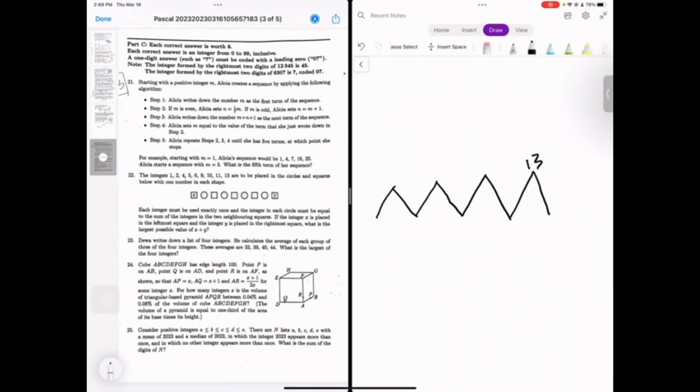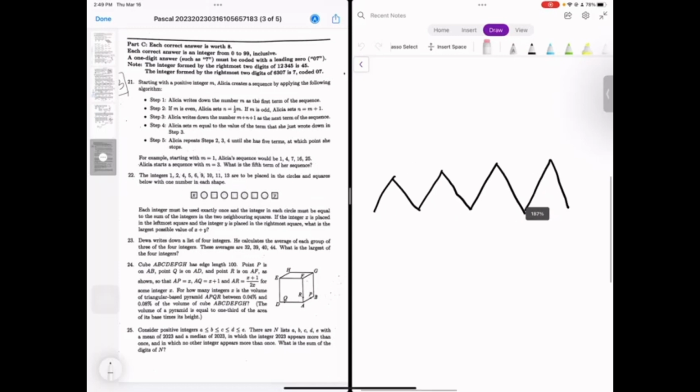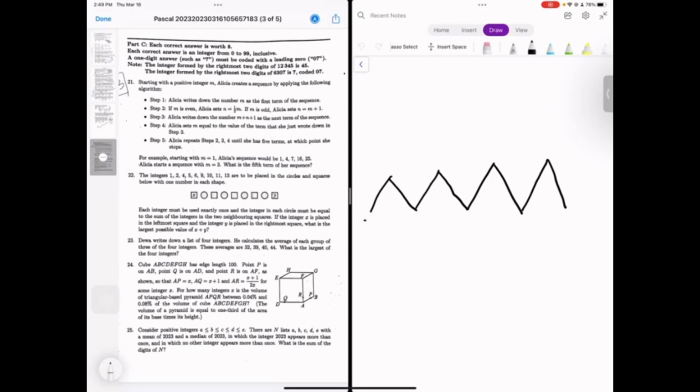Okay, so for question 22, we need to find the largest possible value for x and y. We also know that the value of the two squares should add up to the value of the circle in between them. What I did here is make the pattern seem clearer, so the bottom two numbers should add up to the top number.